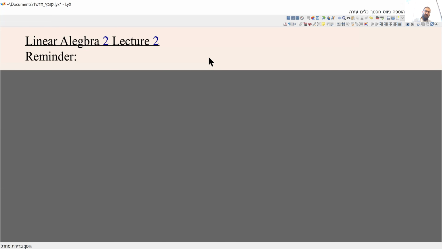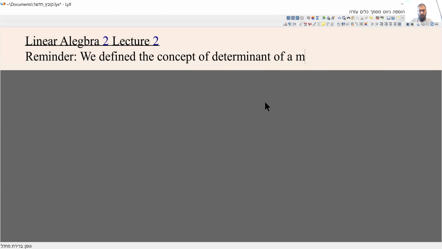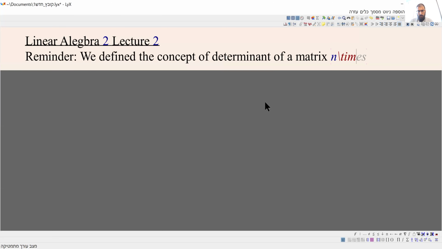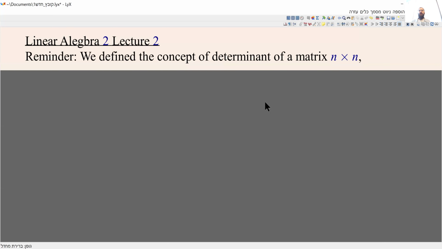We define the concept of determinant of a matrix n on n using permutations.